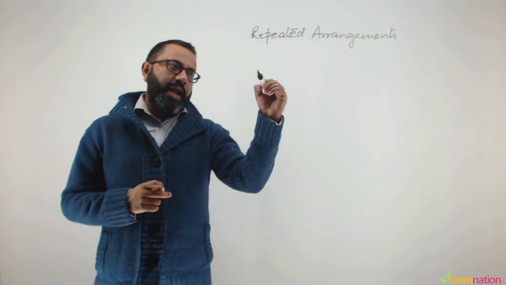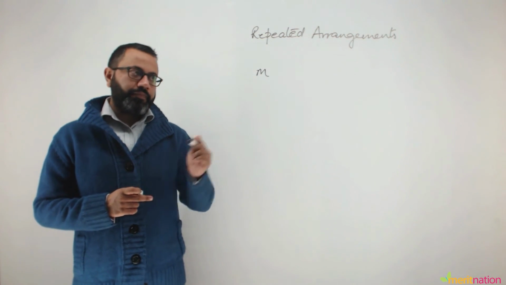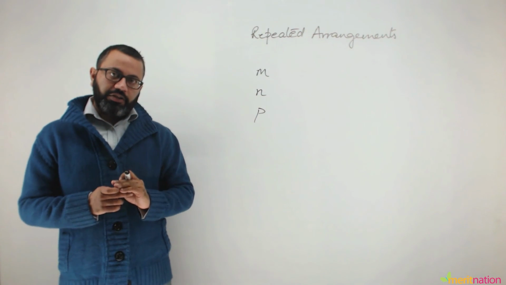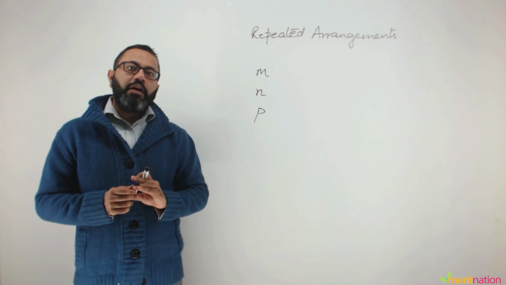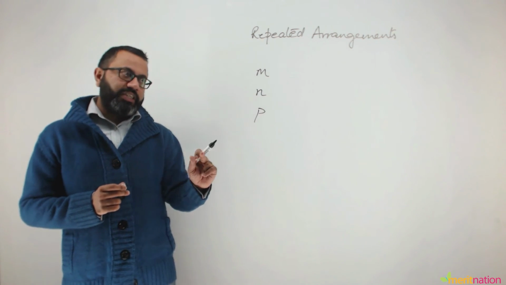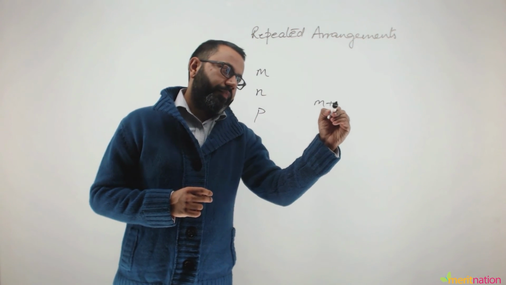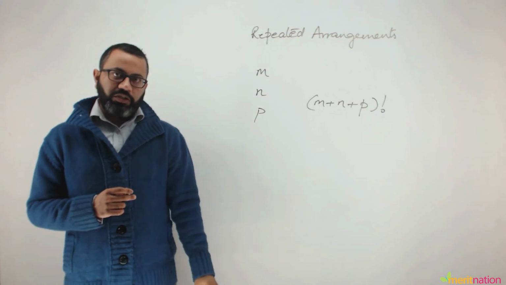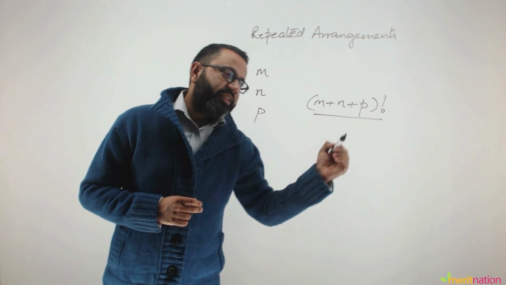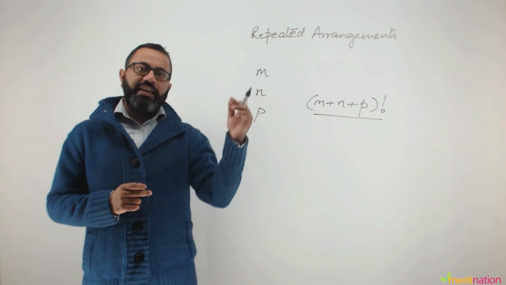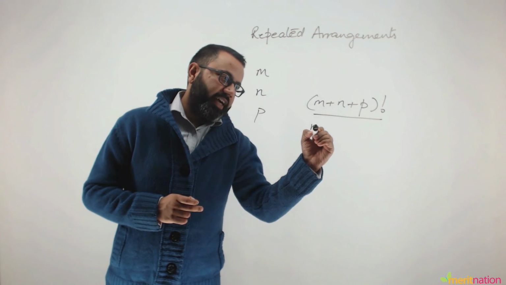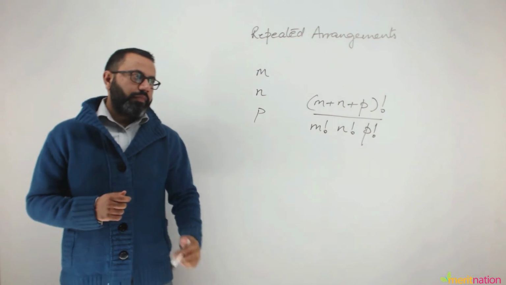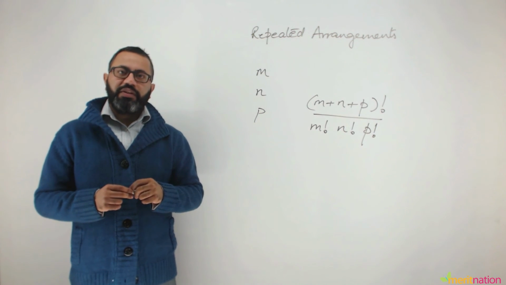So we said that if there are m objects of one type, n objects of another type, and p objects of yet another type, then the number of unique arrangements you would get with all of these objects is given by, now we know that there are so many objects, so there should be so many arrangements. And to discount the repeated arrangements because say 2 items are the same, we divide by the factorial of each of these.